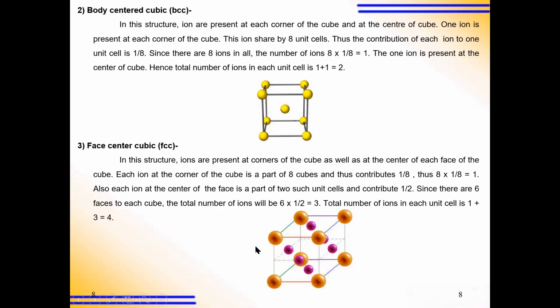Okay, so 6 into 1 by 2 becomes 3, and each corner ion is shared by 8 unit cells and the number of corner ions is 8. So 8 into 1 by 8 is 1. So 3 and 1, it is 4.